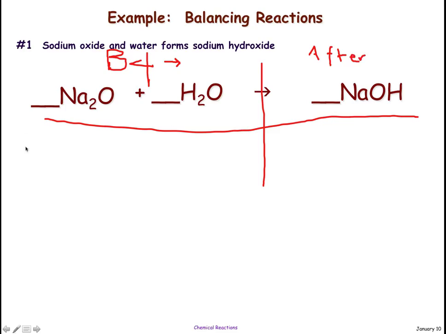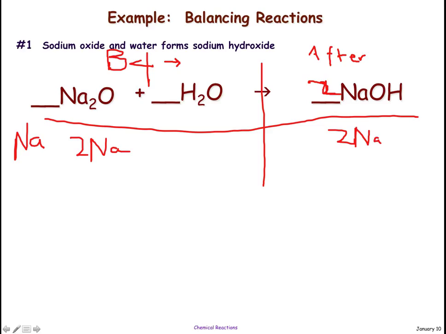So if you take a look at this, I'm going to look at sodium right here, and I'll probably start with this as my 1, and right away you notice that I messed up. There are 2 sodiums here, you can't have 1 there. I'm going to change that to 2. So that means that there are 2 sodiums on this side, and now there are 2 sodiums on this side by putting a 2 in front of that.